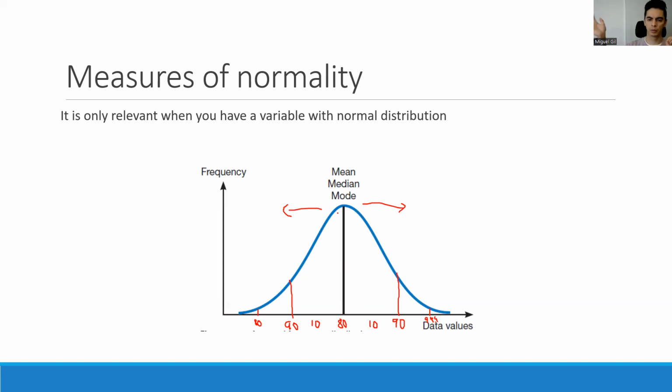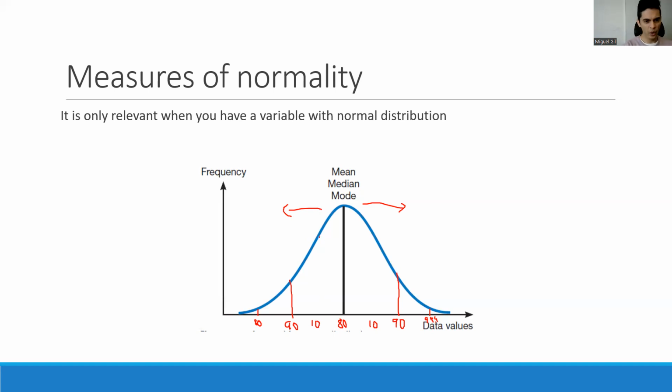To the right is 50%, to the left is 50%. 1 standard deviation to the right and to the left, you have 65% of your sample, another standard deviation, and you reach 95% of your sample. That is how a normal distribution looks.